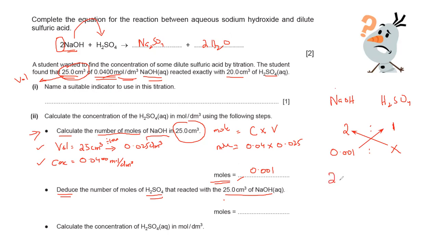So 2x equals 0.001, and x equals 0.001 divided by 2, which is equal to 0.0005. So that will be the moles of sulfuric acid that will react with the moles of sodium hydroxide.